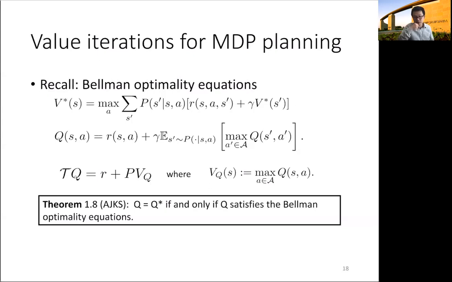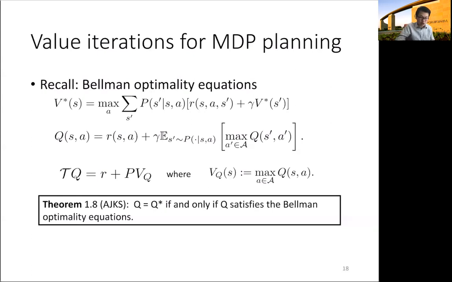There are polynomial time solvers for linear programs called the interior point methods. If you want to learn more about that, feel free to check out my course last year on convex optimization, where I talk about the primal-dual interior point methods and how you can solve a general convex program in polynomial time.